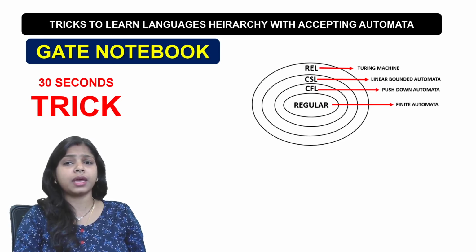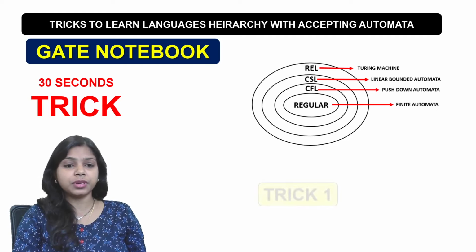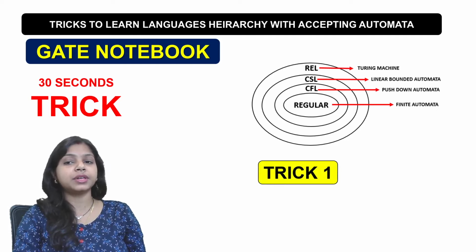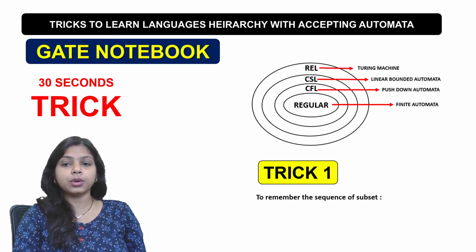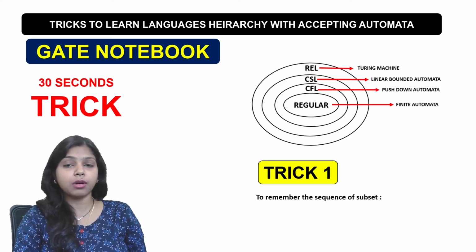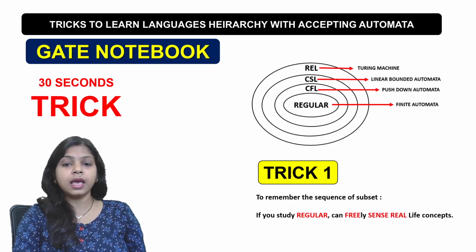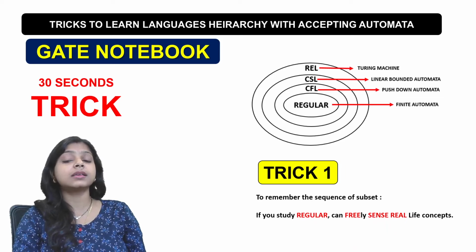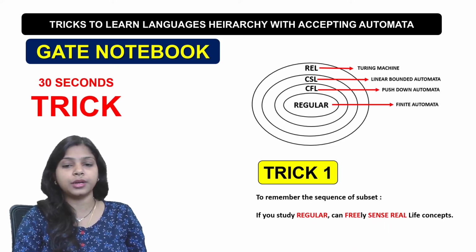But how can we remember all these things? Okay. So here I am sharing a trick with you. Through that you will understand the hierarchy of the languages. To remember the sequence of subsets or the hierarchy of languages, you need to learn this particular sentence and you are ready to go.